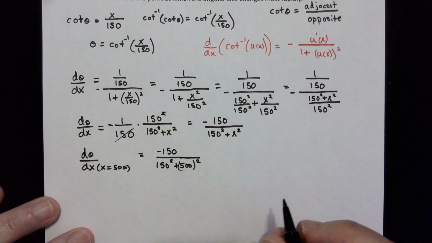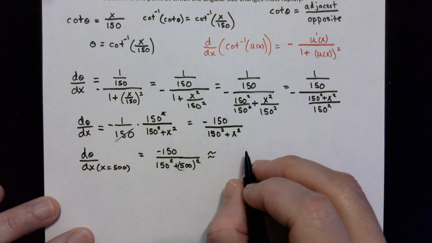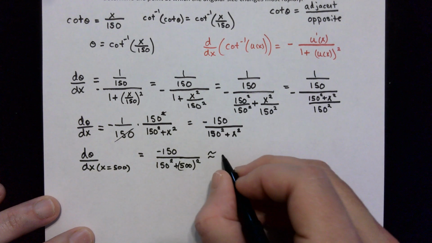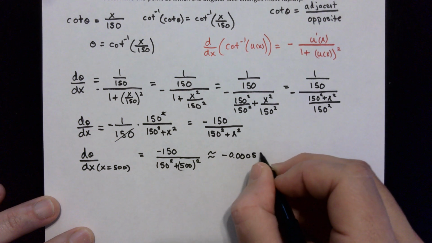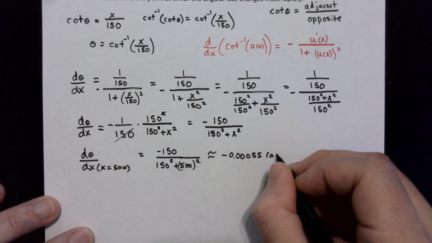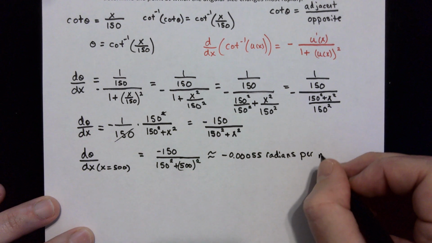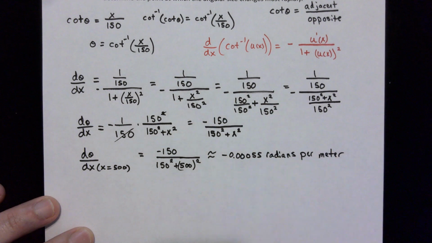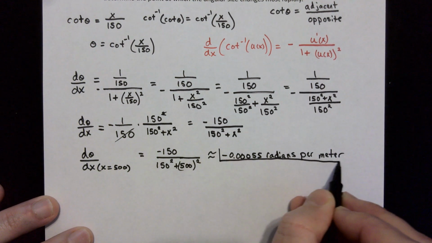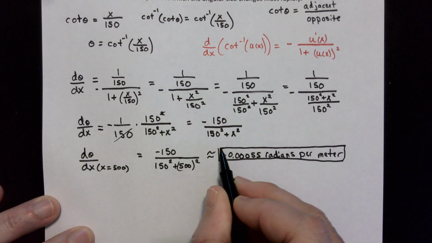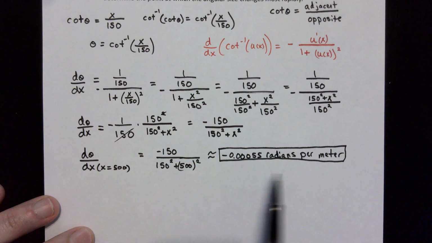And if you put that into the calculator, you'll get approximately negative 0.00055 radians per meter. Okay, so that's the answer. This is the rate of change of that angle. So as the boat is moving, the angle is changing at this rate.